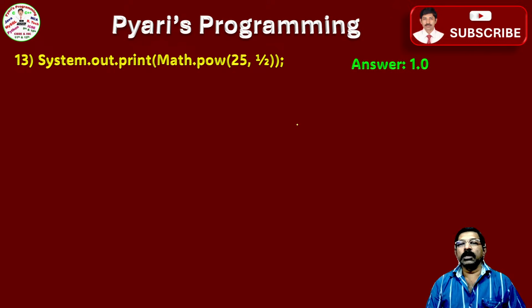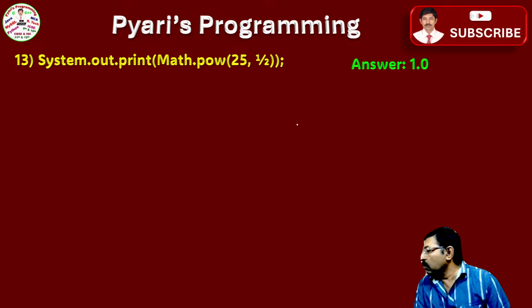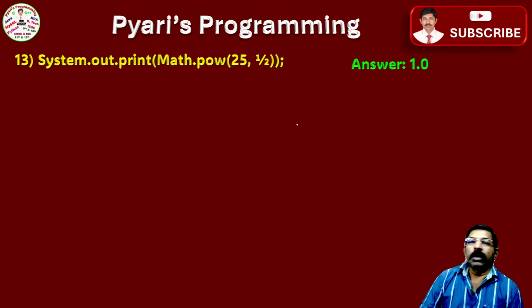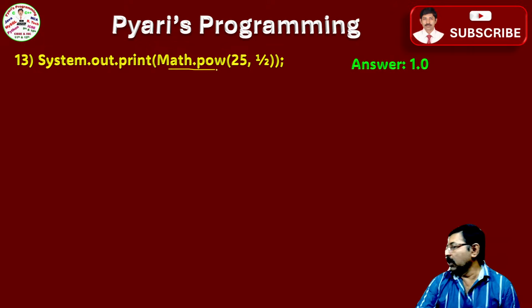Correct answer it is, but it is 1.0. Only Ayushman Sahu gave that. I think none of the other candidates has given 1.0. Everybody has given 1. It is the pow function. Its return type is double.